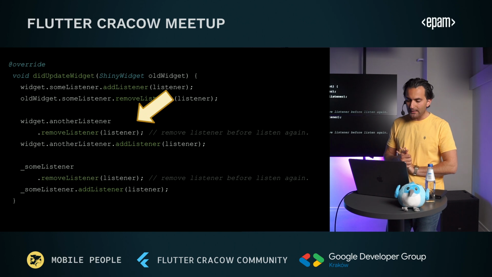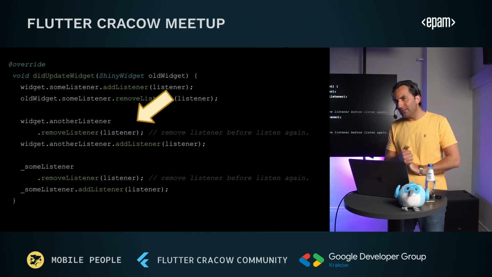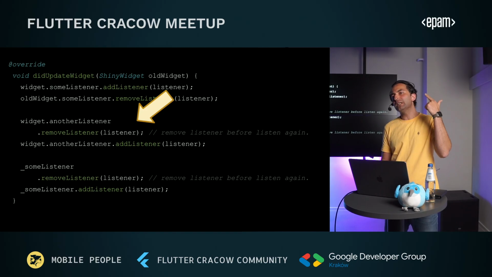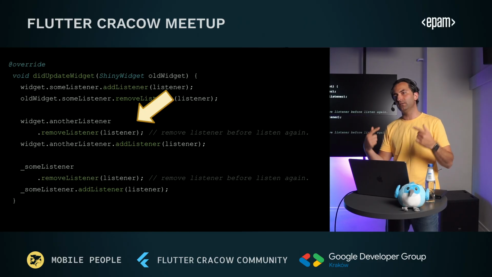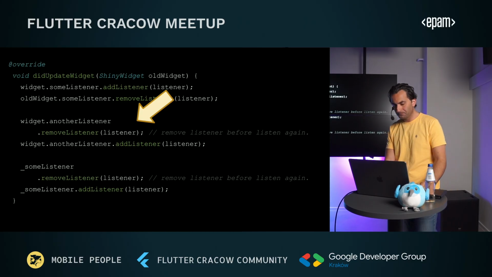The second is, for example, in a life cycle like didUpdateWidget, when you want to add a listener, make sure you remove your previous one first. If you don't, the previous one will still be kept in memory, so you're continuously adding to memory. Always remove the previous one and then add a new one.